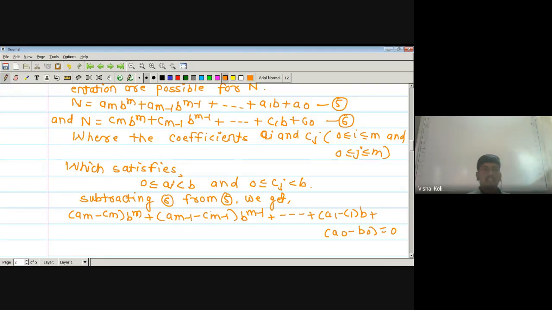That is, this one is the RHS and this one is the LHS, that is n minus n will be equal to 0.